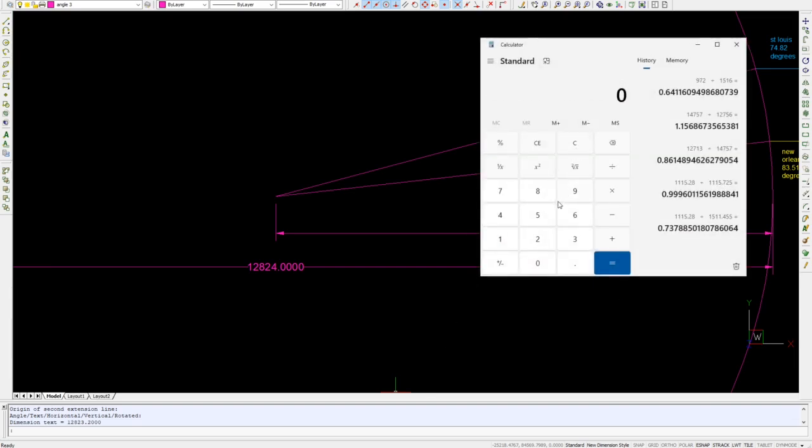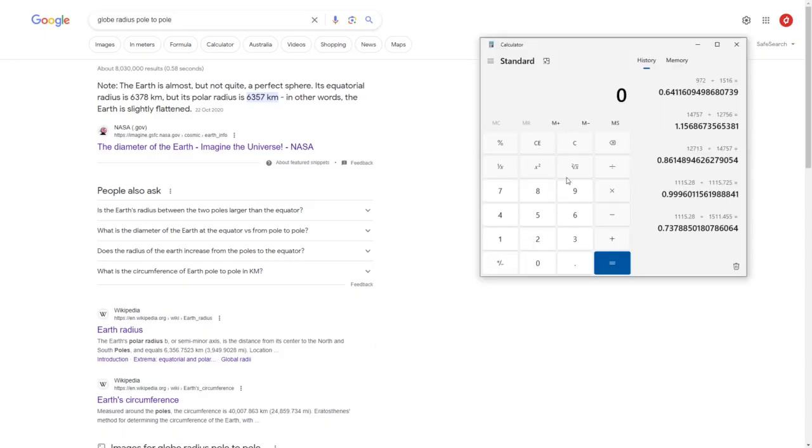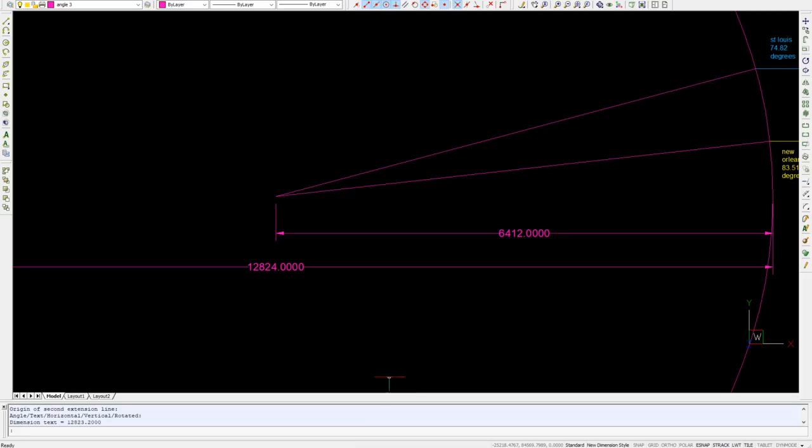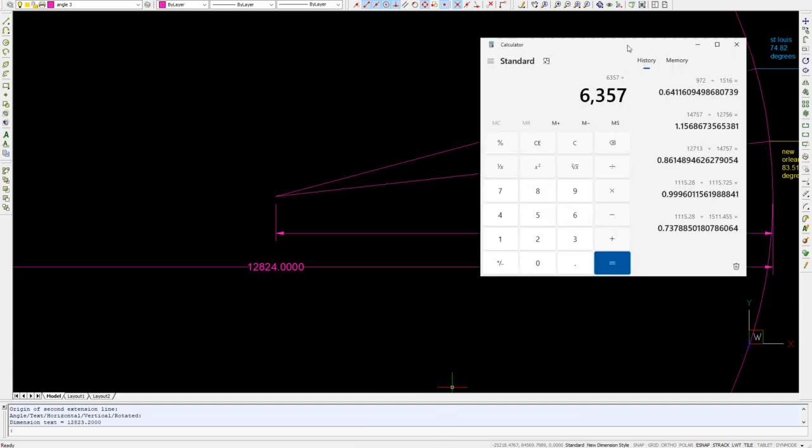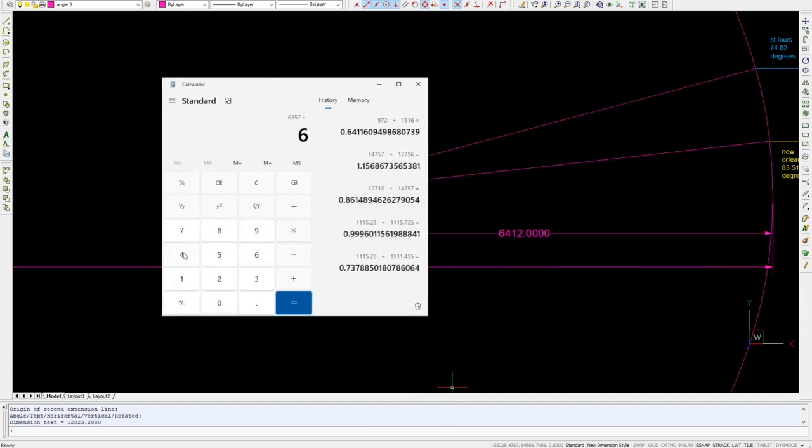What I want is the true distance, 6,357, divided by 6,412. It's 0.9914. What I want to do is read it round backwards actually.